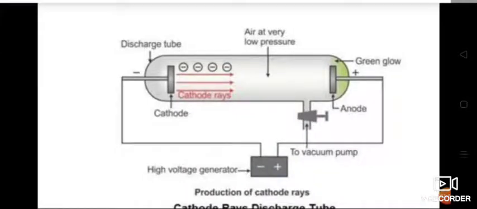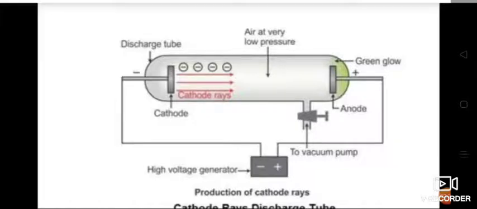In the cathode ray experiment, we used cathode rays and studied their properties. Here we use zinc sulfide as a screen, and the rays pass from cathode to anode. The cathode rays start from the cathode and move towards the anode.